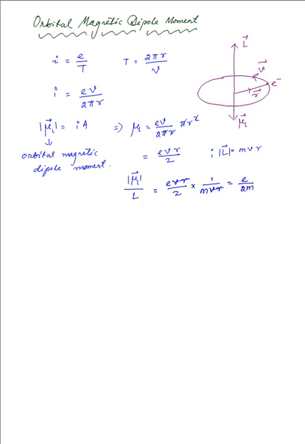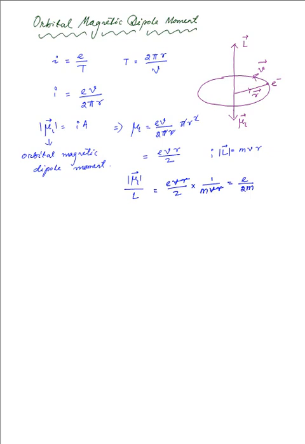The ratio of the magnitude of mu L, that is the orbital magnetic dipole moment, to the magnitude of the orbital angular momentum for the electron is always a constant, because as you can see, the charge of the electron divided by the mass of the electron, they are constant. The 2 factor that is there is also constant.